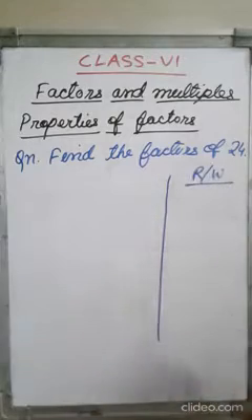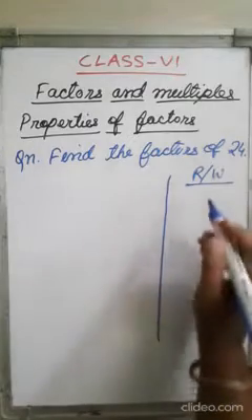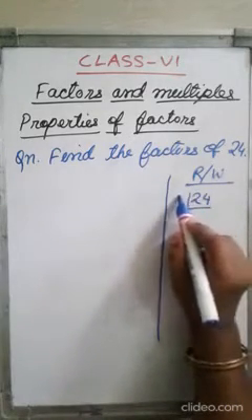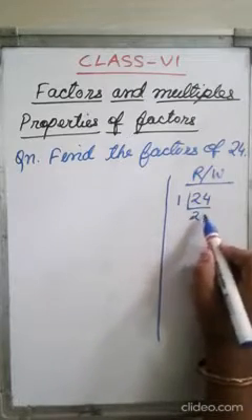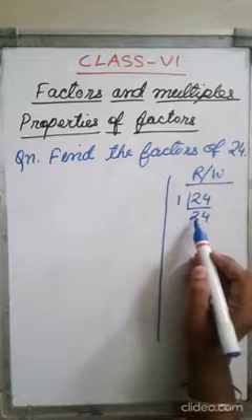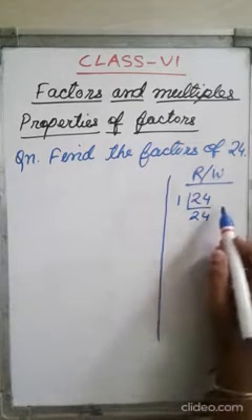If I tell you to find the factors of any number, you have to find the factors by doing some rough work. 24, if I divide it by 1, it is 24. This is short division. I have given you some ideas in my last class.